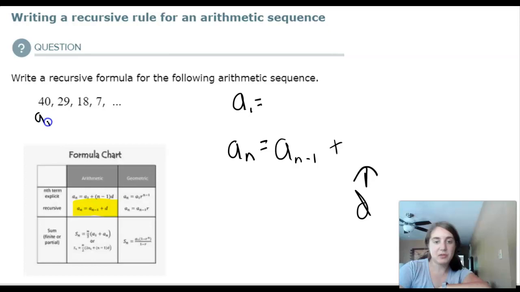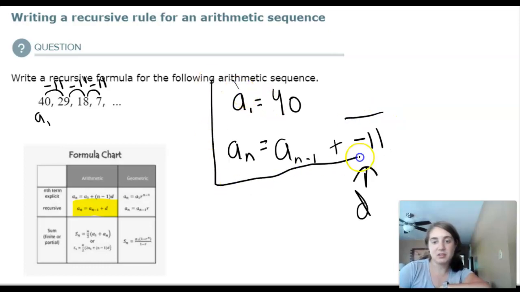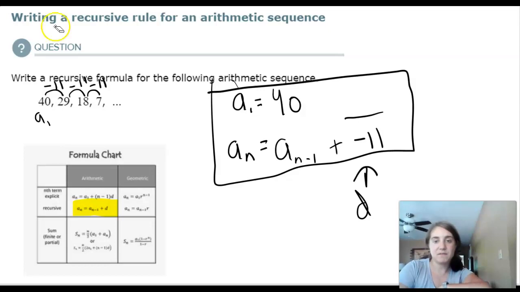So I see that my a1 is 40, which is great. Subtract 11, subtract 11, subtract 11. So I'm adding a -11. So that would be my recursive formula. Or we can just write that as an.